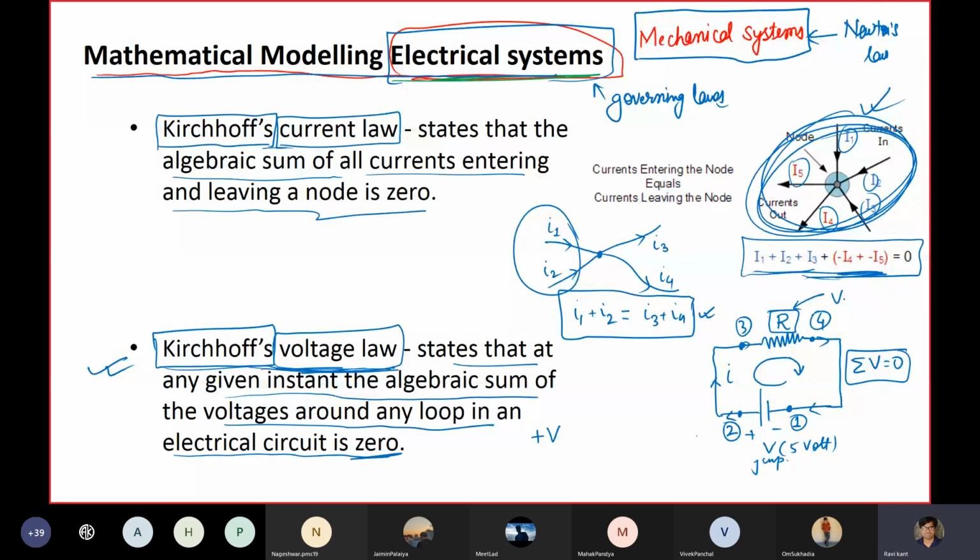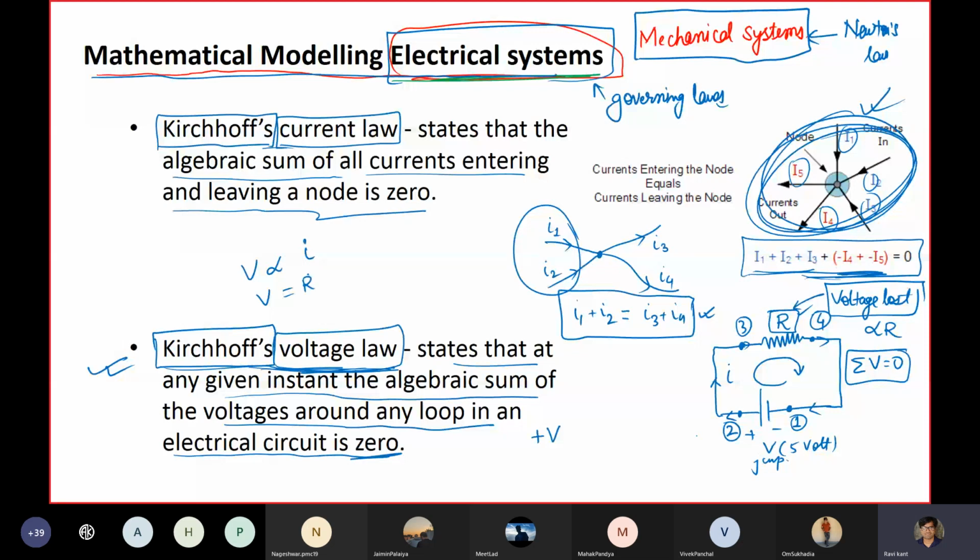Voltage loss is proportional to R. I'm really sorry, voltage is not proportional to R. Voltage is proportional to the current, and R you take as a constant, so you should write IR.